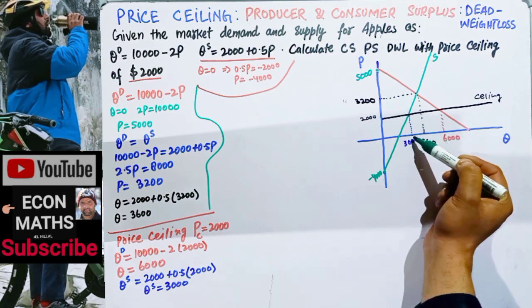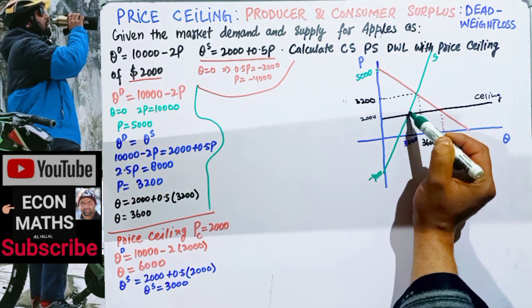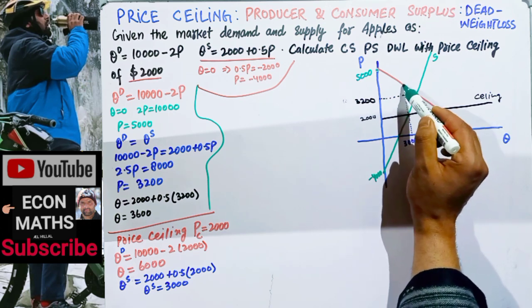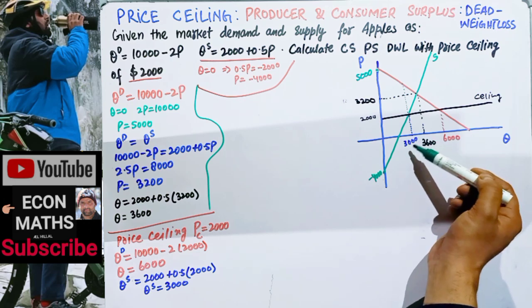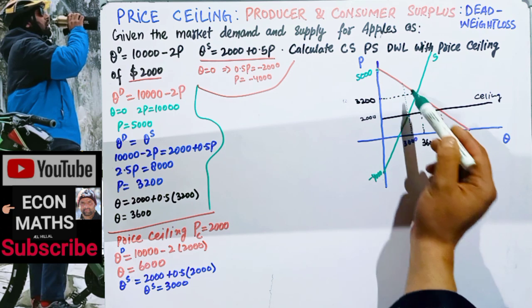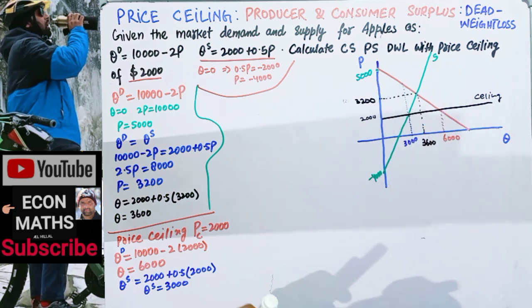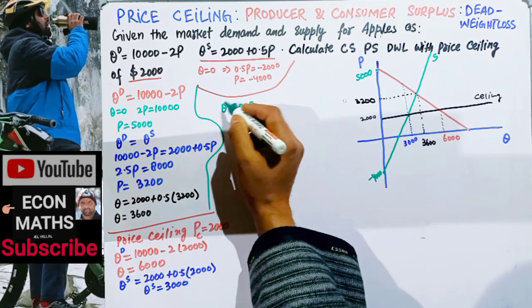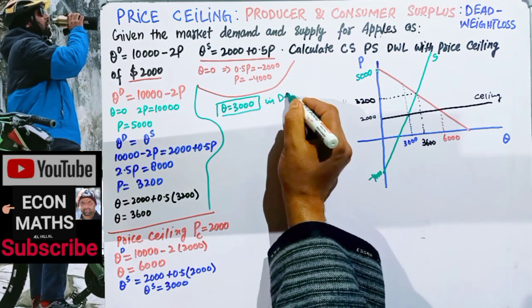Next is, corresponding to this quantity supplied of 3000, we also need to find out the corresponding price. Okay, when quantity supplied is 3000, we need to find the corresponding price on the demand function. So we plug Q equal to 3000 into the demand function.